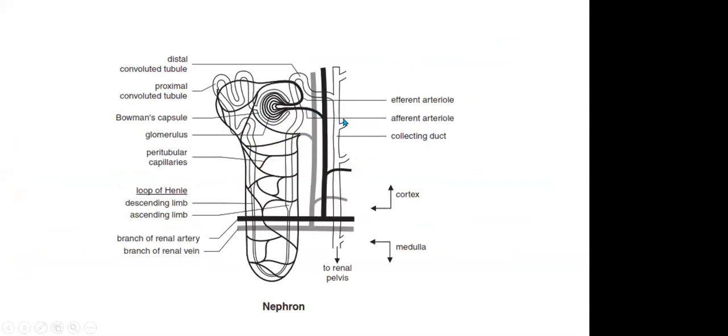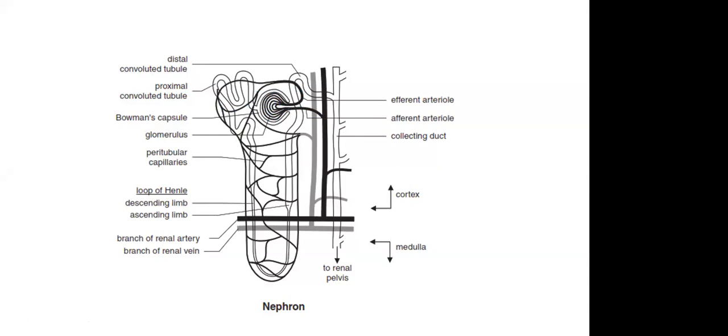It is a larger vessel, and then it forms a denser network of blood capillaries, what we call the glomerulus. Then the blood exits through the efferent before it later joins another dense network of blood vessels, which we call the peritubular capillaries.